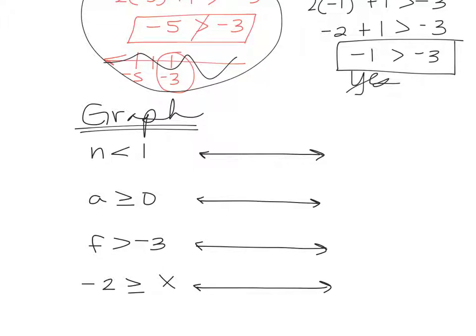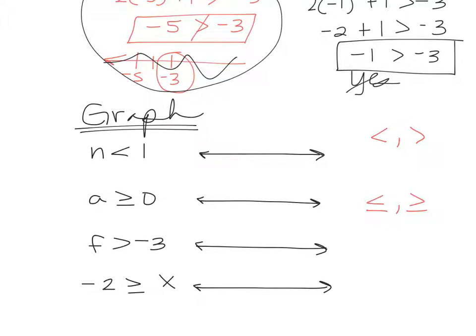Okay, so a couple of things you need to note. There's two different types of symbols, right? There's less than and greater than. And there's less than or equal to and greater than or equal to. They give you two different types of things. Those symbols are how you determine, is it a closed dot or is it an open dot where you plot your number, okay?